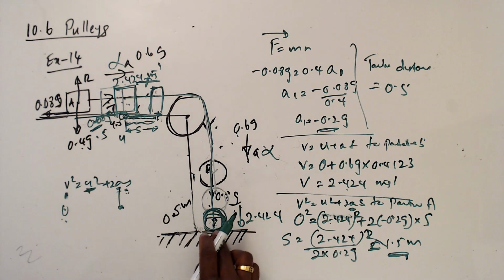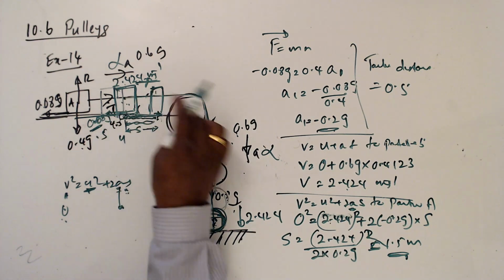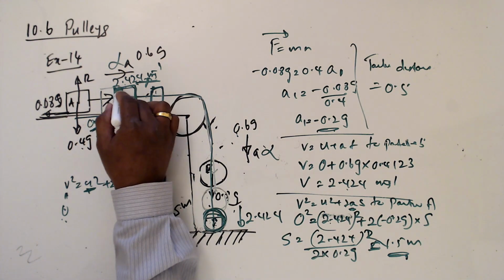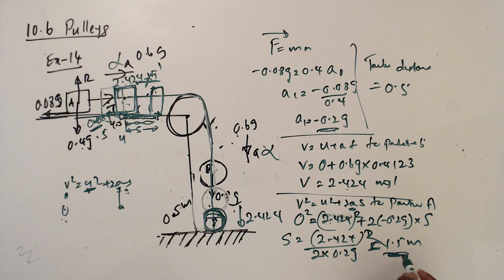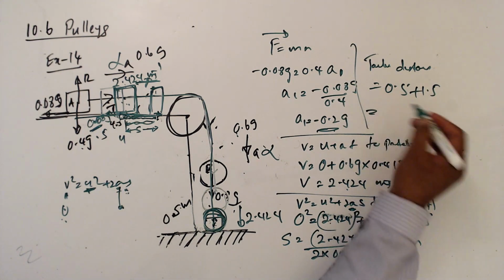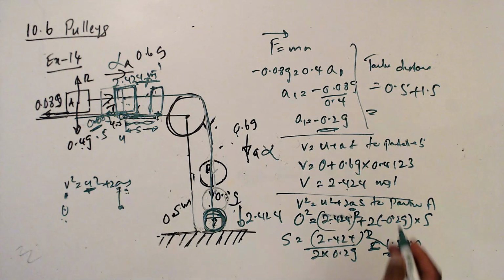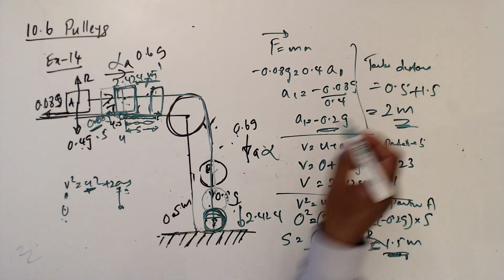And when it hits, after this without tension, it moves forward under deceleration by another 1.5 and comes to rest. We calculated that value, so this is 1.5. So the total distance is 2 meters.